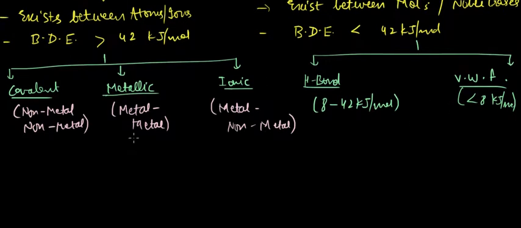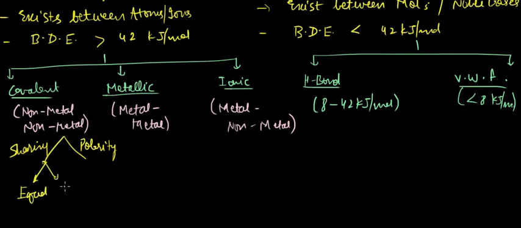Okay, so we have seen that covalent bonding can be further classified into two categories, based on sharing and based on polarity. Based on sharing, we can classify it into two subcategories: equal sharing and unequal sharing.